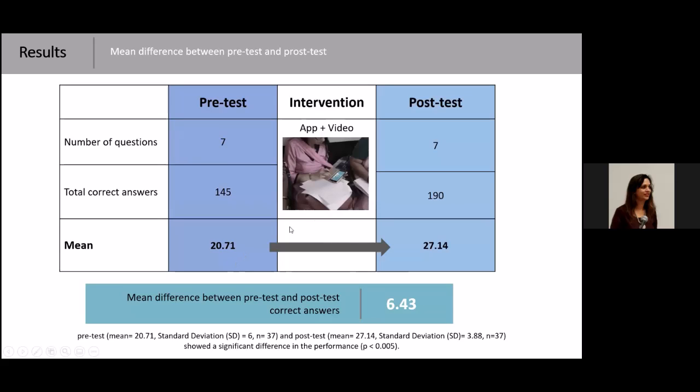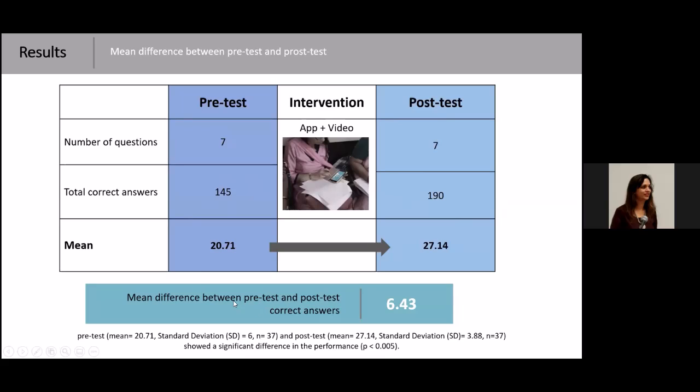In the pre-test there were 7 questions, and in the post-test there were 7 questions. These are only quantitative questions; I'm not counting qualitative questions over here. Correct answers given by all the participants in the pre-test was 145 and in the post-test was 190.